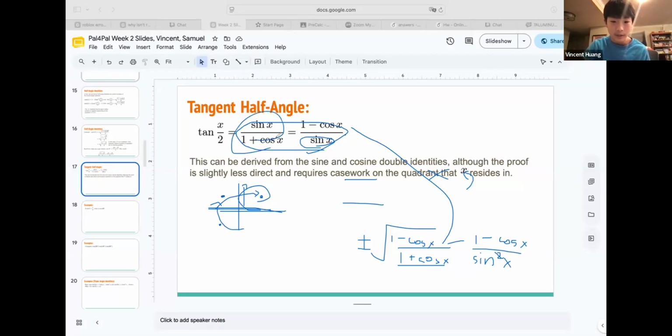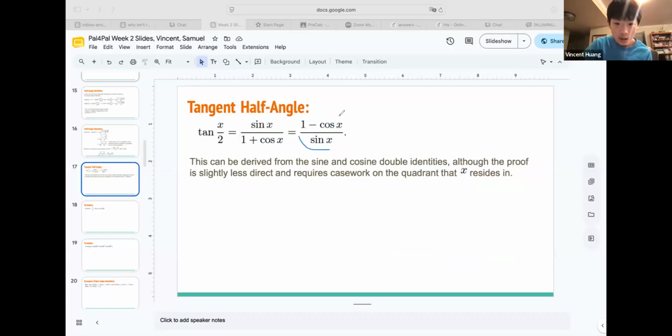Same for this. If you want to derive that, it might be easier from here because you already have the casework done. Let me clear my drawings. You know that tan x over 2 is this. You can multiply by 1 plus cos x over 1 plus cos x.